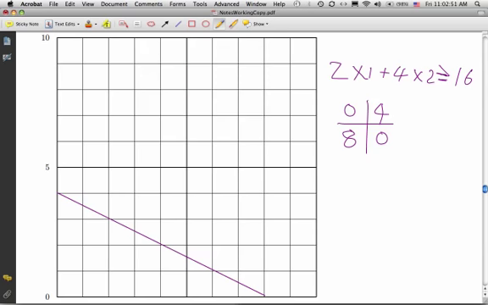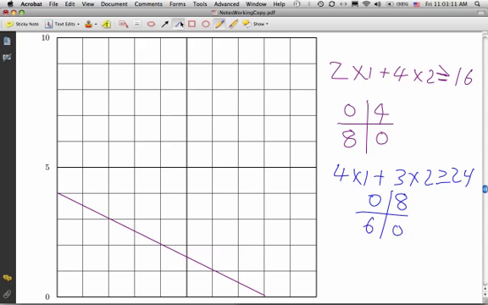And the second constraint was 4x1 plus 3x2 is greater than or equal to 24. And again, set x1 equals 0, solve for that, and we get 8. Set x2 equal to 0, solve, and we get 6.